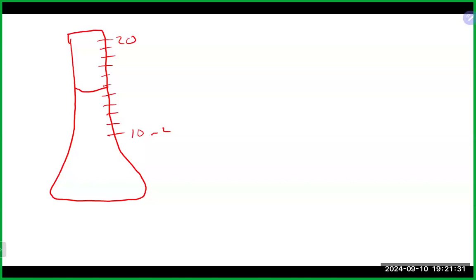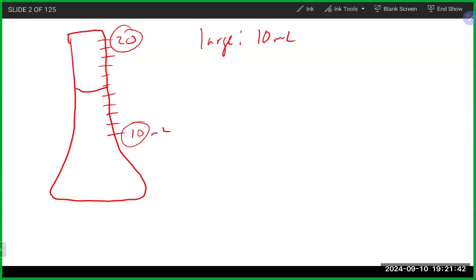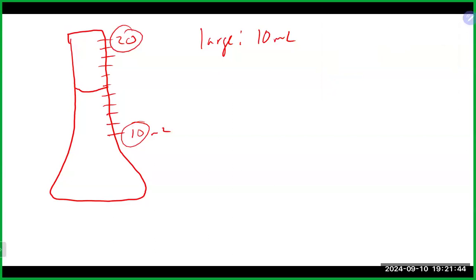Here we look at our scaling: our large markings are 10 and 20, which means a difference of 10 milliliters. And here we have 1, 2, 3, 4, 5, 6, 7, 8, 9, 10 markings between those two numbers, which means each small marking represents 1 milliliter. 10 divided by 10 is 1 milliliter, right?